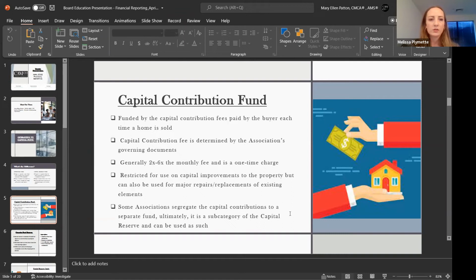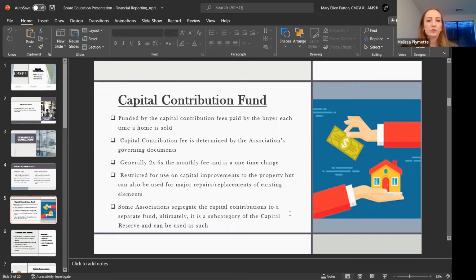And whether or not the association charges this fee and the amount of it is going to be determined by your governing documents, and then also it could be dictated by your state laws. But generally, you will see this, and it typically ranges between 2 times the monthly association fee, could be up to 6, or could just be a different arbitrary number.